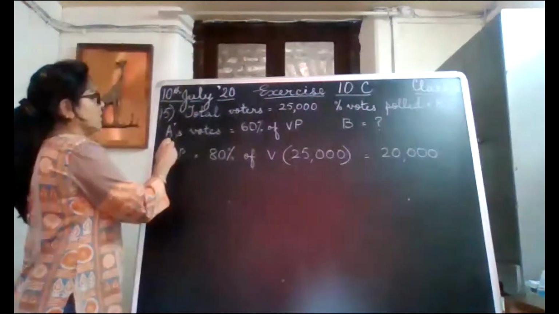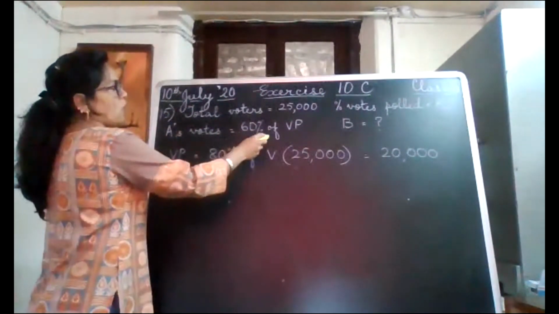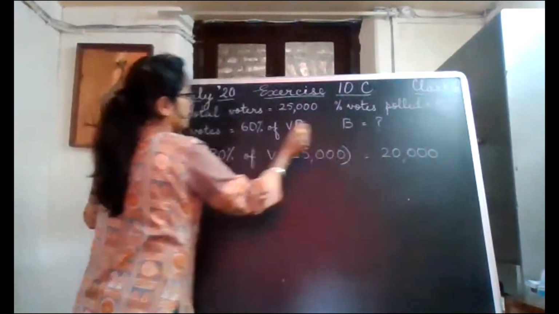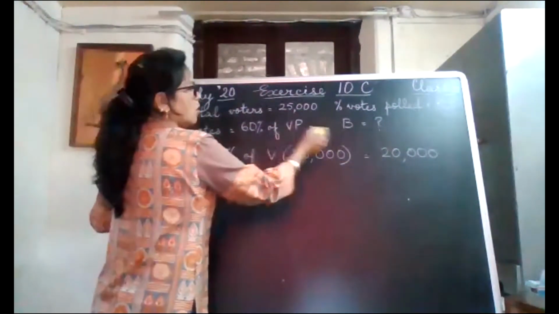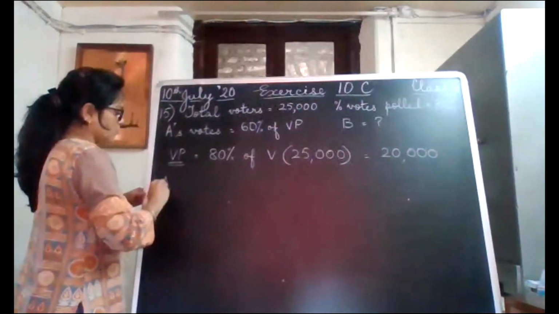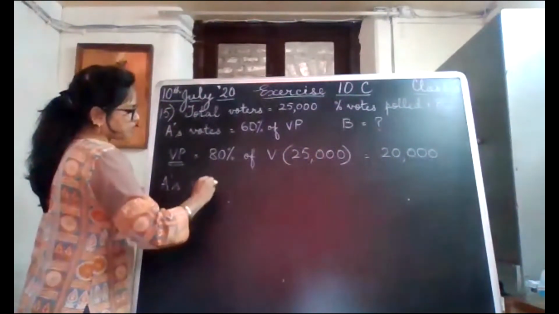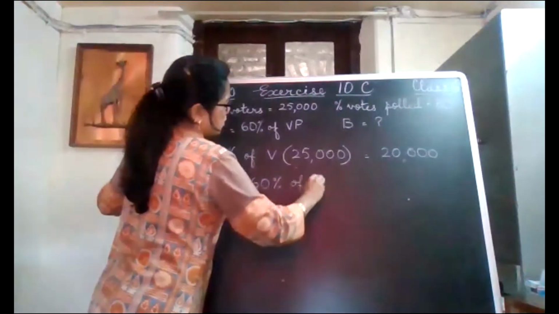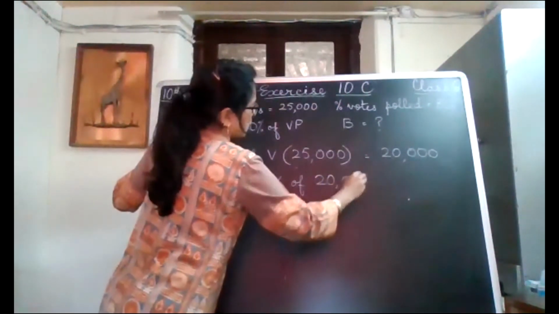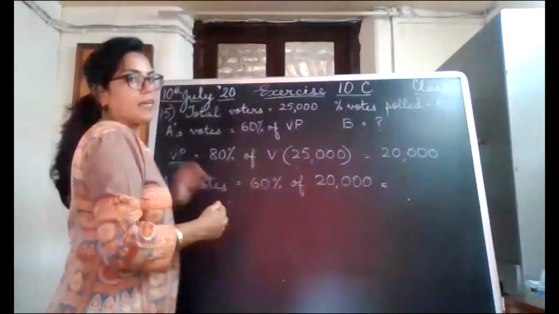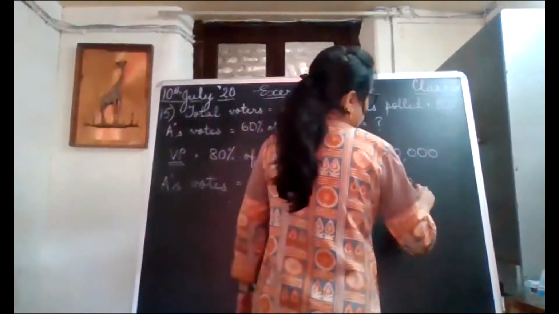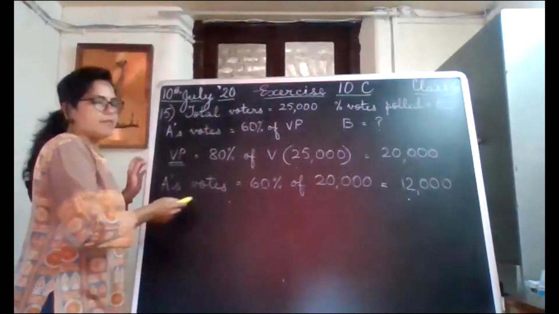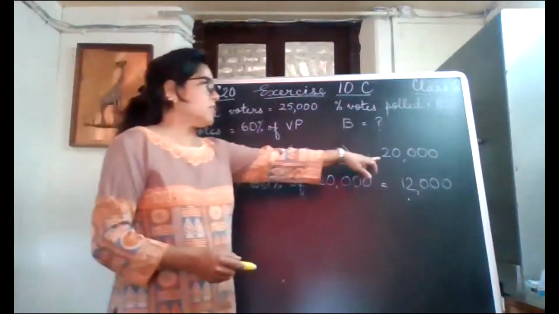Now Mr. A, he is getting 60% of the votes polled. The votes polled are 20,000. So 60% of 20,000. A's votes will be 60% of 20,000. When you do this, you will get 12,000. Means A got 12,000 votes out of this 20,000.